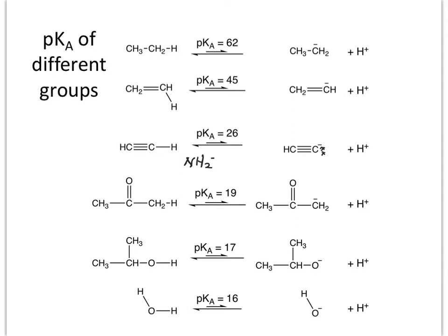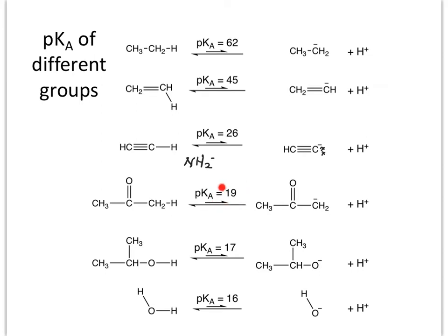But there's a unique situation when we have a hydrogen on a carbon next to a carbonyl group. Even if that carbon is sp3 hybridized, like an alkane, that carbon-hydrogen bond is unusually acidic.